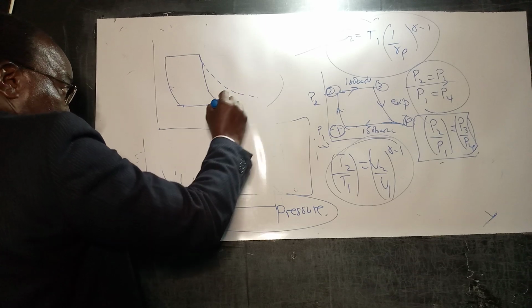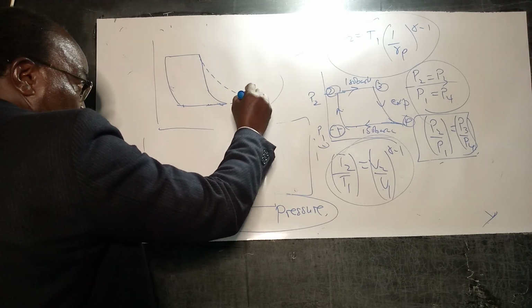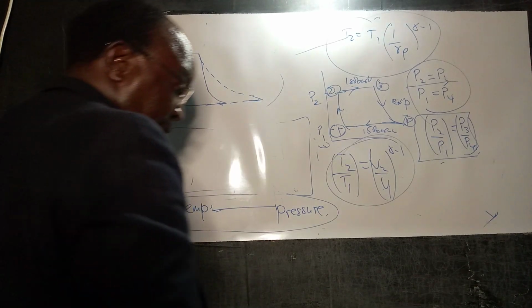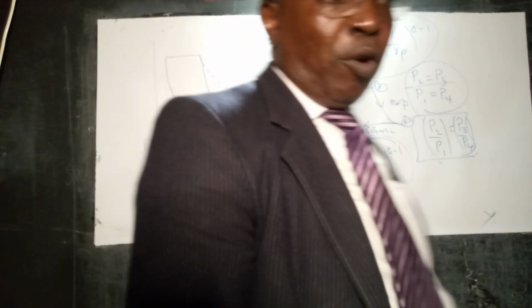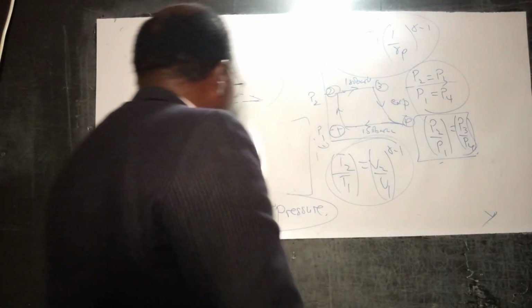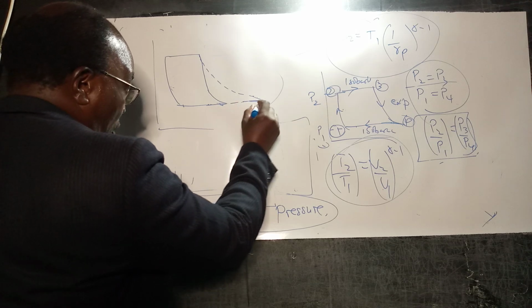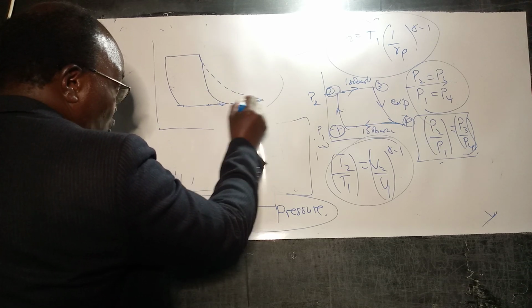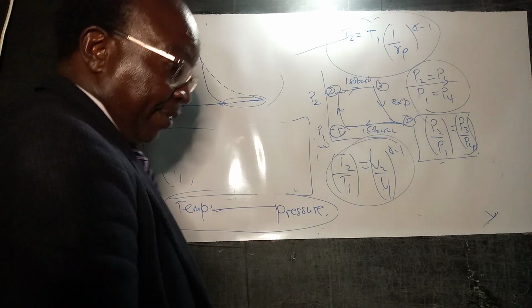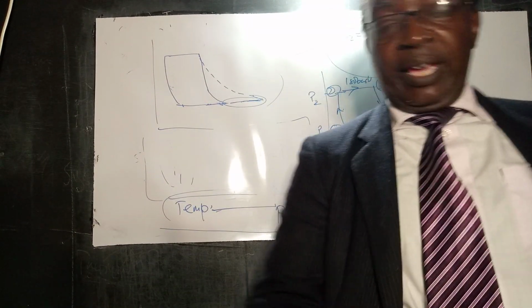Depending on the compression ratio, it has to do with the volumes of the cylinder and that of the combustion chamber. If you prolong the expansion, you definitely do more work, and of course you will have increased the thermal efficiency.